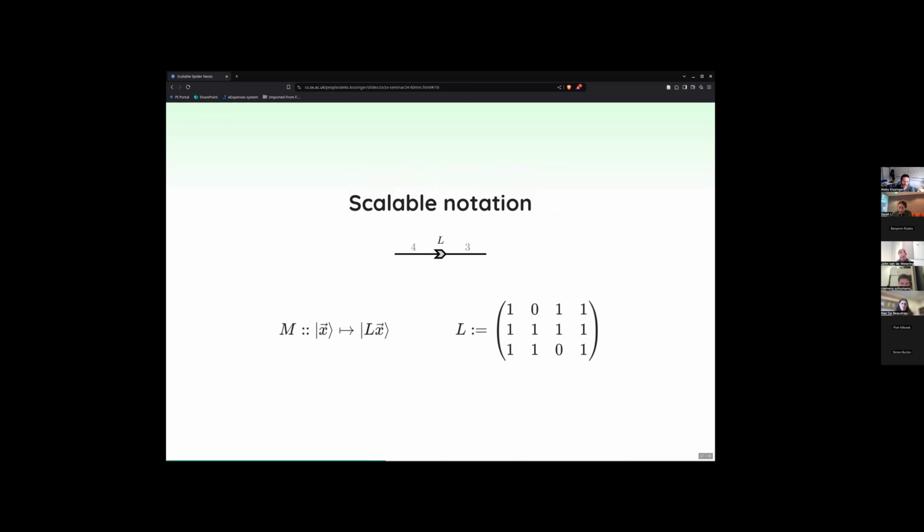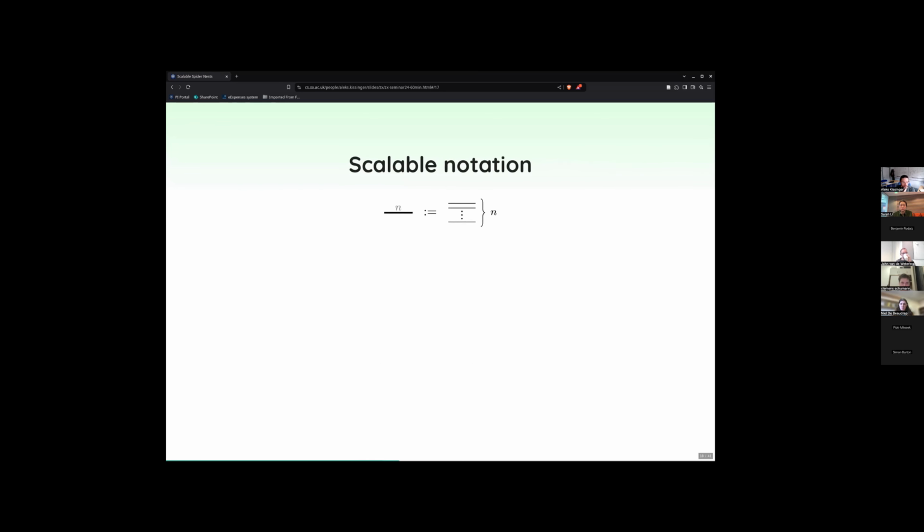For just a single thing, this is not that interesting, but as we'll see, you can start to mix the graphical notation with this parity matrix notation, and you can get some quite interesting kinds of calculations going. Okay, so scalable notation: I'll just tell you a little bit about how this notation works if you haven't seen it before.